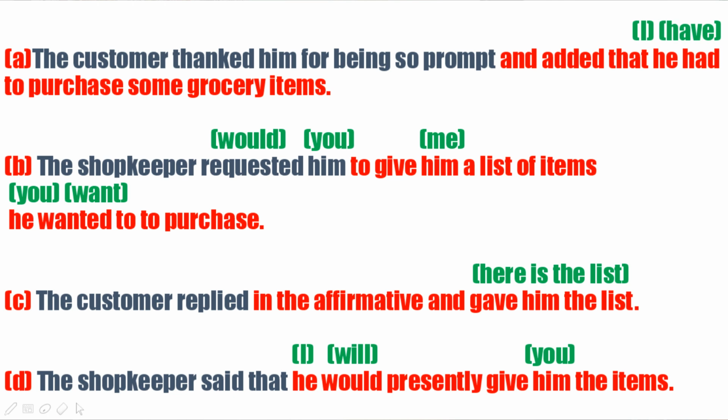So actually customer is speaking here. So I is for customer, so I will change into he, because we are changing into indirect speech. Okay, and customer is the third person here. And as you know, the rule is that all present tenses change into corresponding past tenses. So have had changed into had, and rest will be retained as it is.